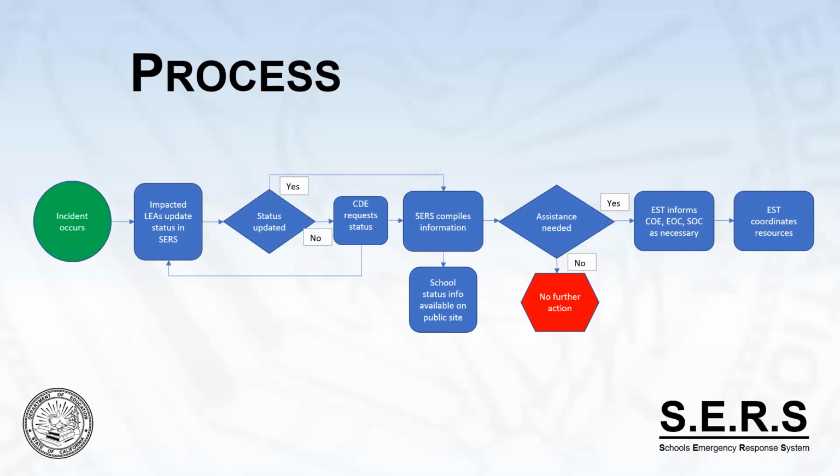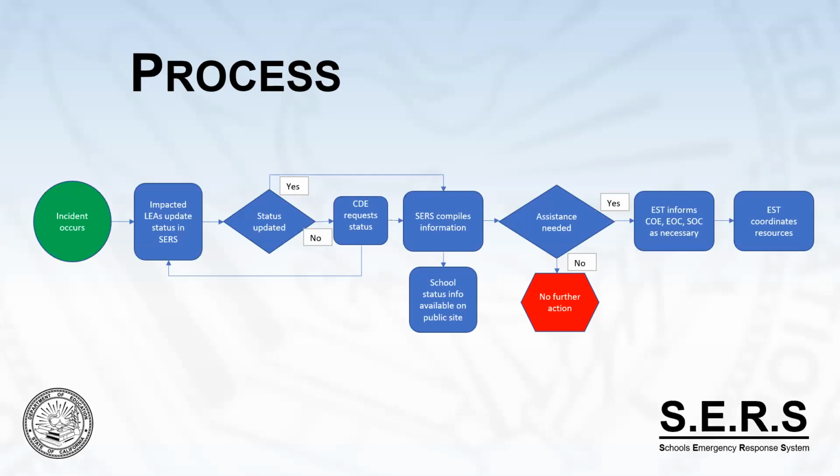This is a flow chart of what the process looks like for SERS. So an incident will occur, and then after that, an LEA can self-report the impacts to schools. Once that status is updated, the SERS will compile that information and make some of that information publicly available.